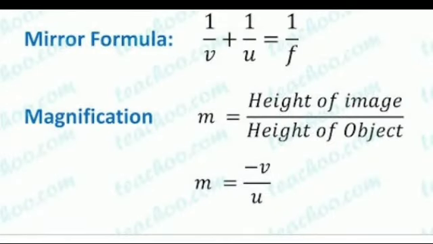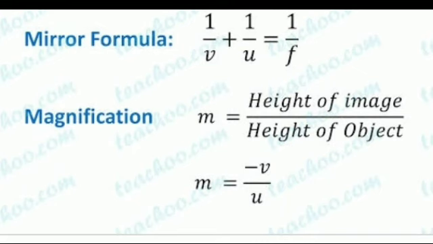Magnification due to spherical mirrors. The magnification due to a spherical mirror is given by the ratio of the height of the image h2 to the height of the object h1. This tells us how large the image is as compared to the object.